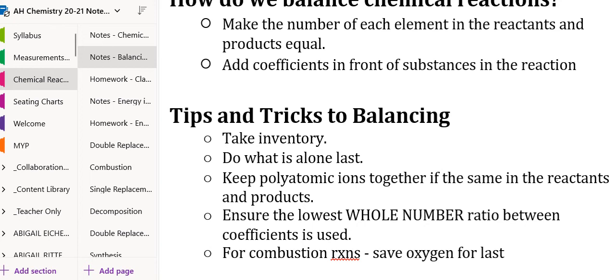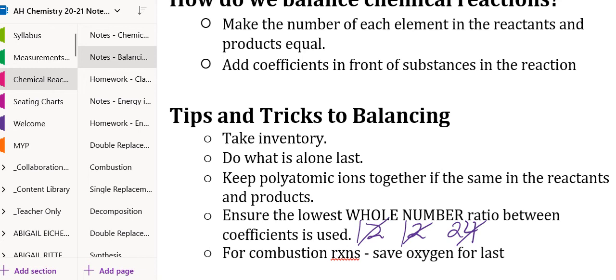When a reaction is balanced, you need to double check that the ratios are the lowest whole number ratios possible. So if you got coefficients that balanced that were 2, 2, and 4, is that the lowest possible ratio? No. What could you reduce that to? 1, 1, 2. So just after you're done balancing, take a quick look and make sure it's the lowest whole number ratio.